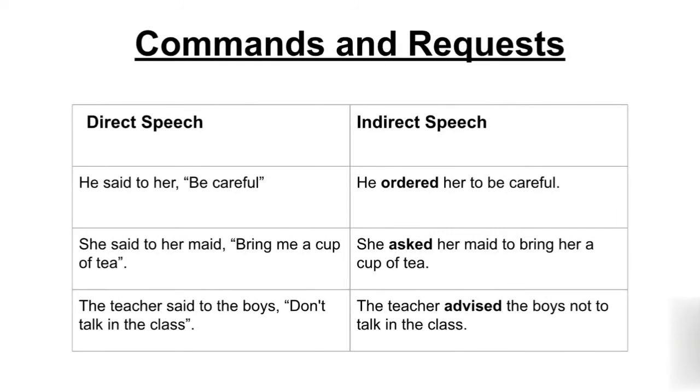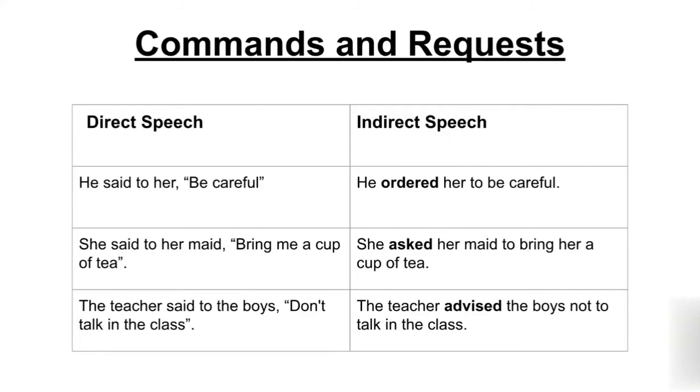Now when we are converting commands and requests from direct to indirect speech, what changes occur? Let's see. In direct speech, when a sentence gives commands or requests something, the reporting verb changes to request, advise, order, command, etc. That is, he requested or she advised, he ordered, etc. Let's see some examples.